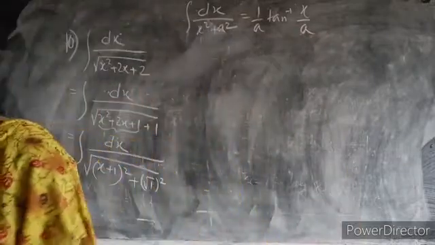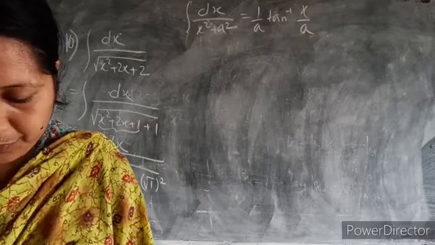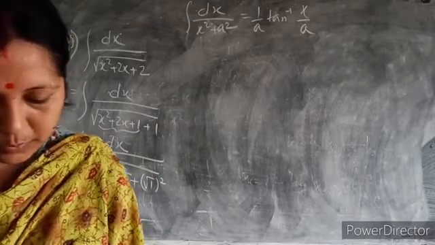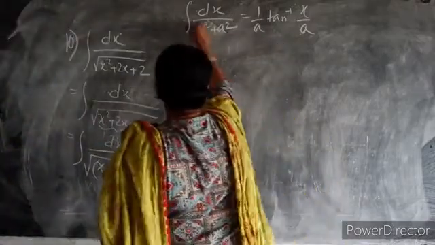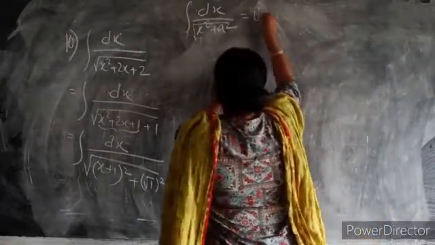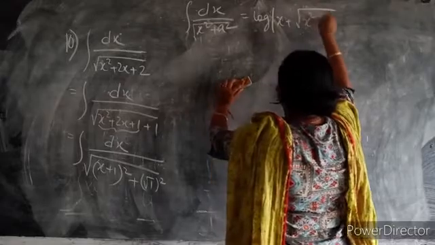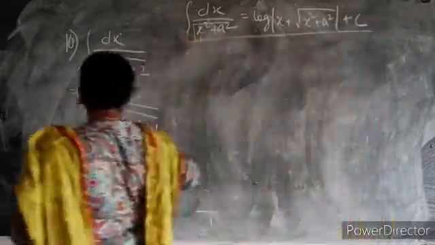Oh sorry, this formula will be with the root over here, so it will be a log. This is root over here, right? So this comes to be log of x plus root over x square plus a square. Okay, so we have to apply this formula in this question.